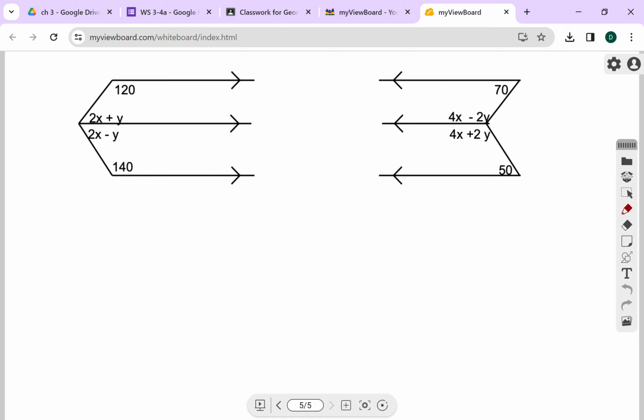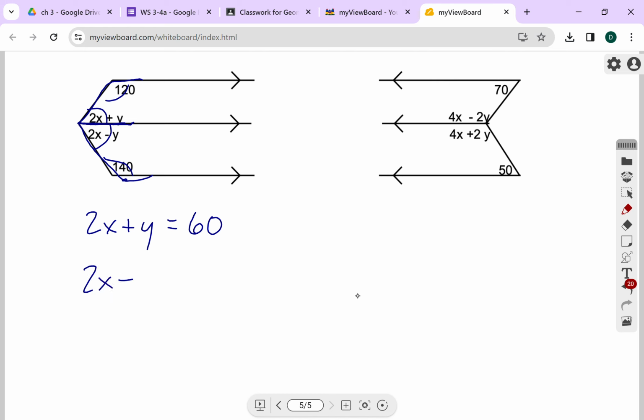Last couple problems. These just have your supplementary situations in them, so they should be same side supplementary there, this angle and this angle. Same thing's true in the bottom portion though. 140 plus your 2x minus y also equals 180. So I'm setting those up to solve simultaneously. 2x plus y equals, we're going to call it 60 because I took that 120 off 180.